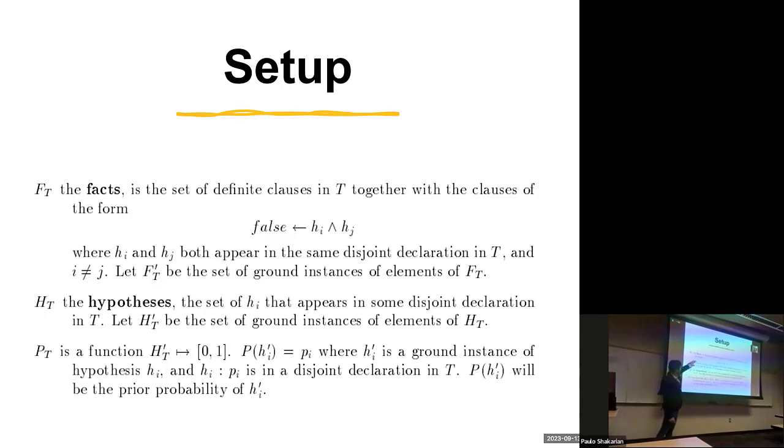So here's the setup. We have a set of facts. We have a set of hypotheses, and we have a function, P, where we are assigning hypotheses probabilities between 0 and 1, and of course this function for assigning the probabilities has to conform to the disjoint declarations.